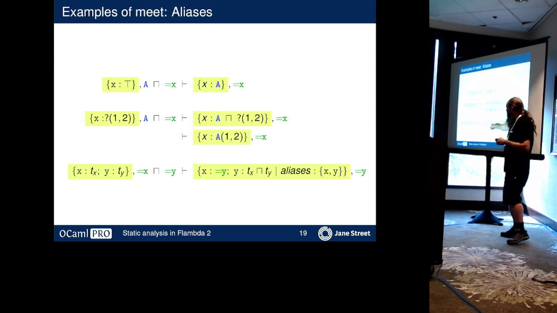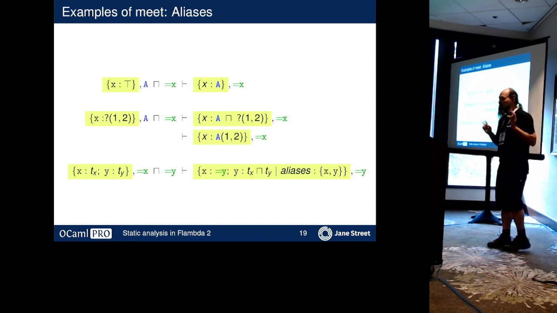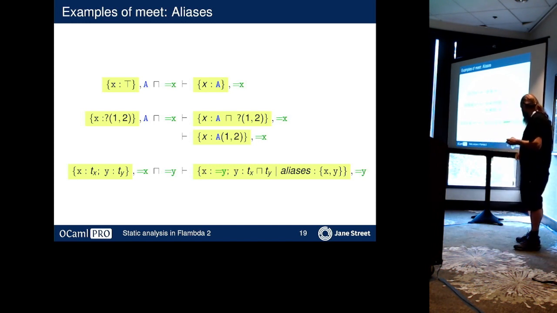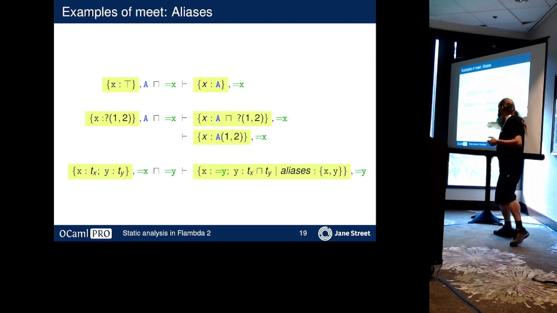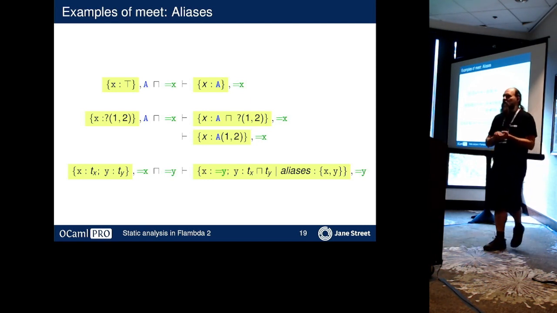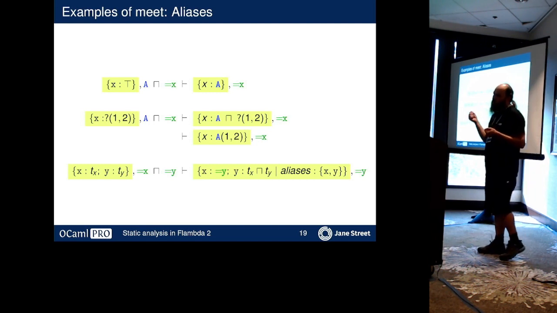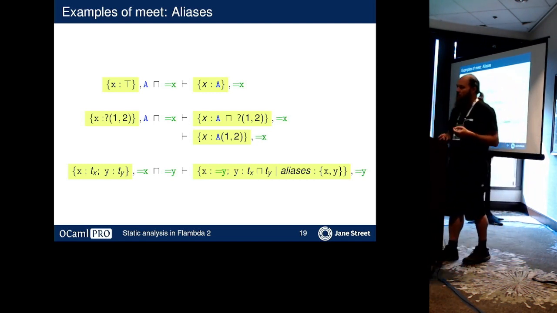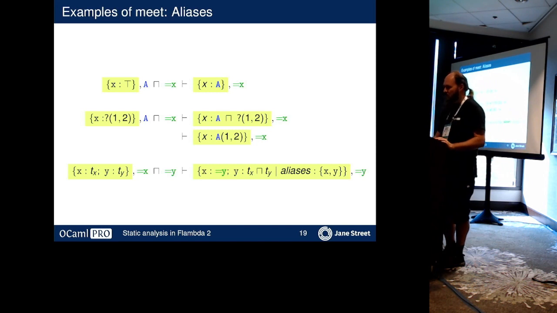So here, y becomes the canonical alias for the set xy. So we return y now, and you say that x is equal to y there. So now, whenever we look at x or y, we will know the same information about those types.